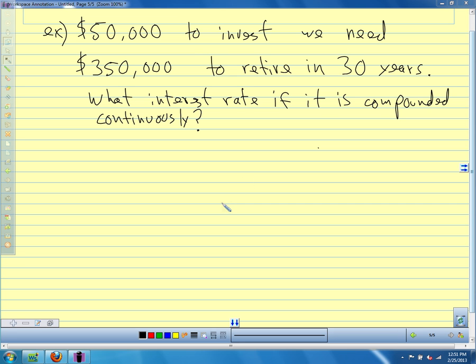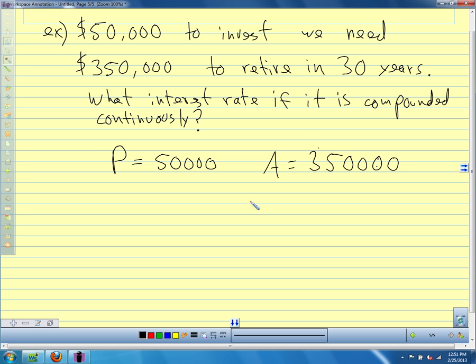So what is our principal here? What are we investing? Okay, how much money? 50,000. So our principal is 50,000. What is the amount that we want? The amount that we want is 350,000. I need one more zero there.